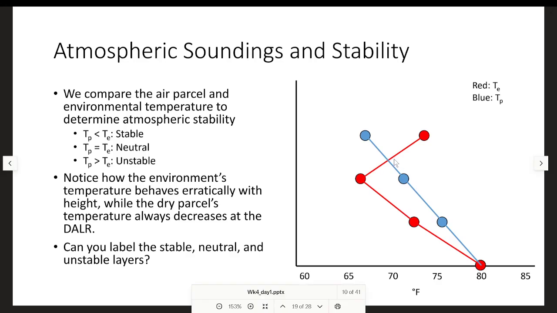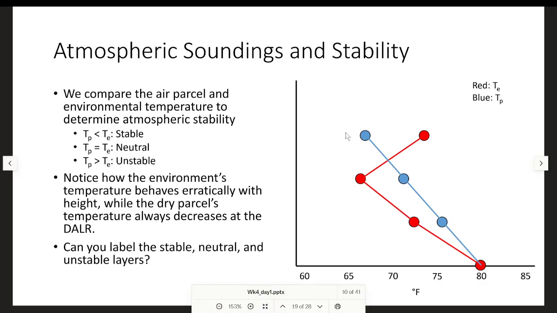When they're crossing, they're neutral, and when this environment line is to the right of the parcel, it is stable.